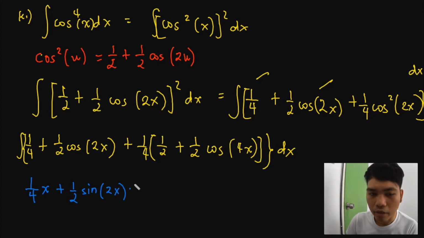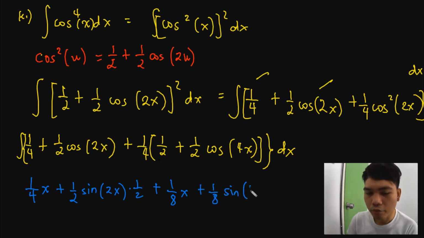And then, multiply natin ulit sa 1/2 kasi meron dito multiplier na 2. So, plus this one is 1 over 8, so that becomes 1 over 8x. And then, itong last term would be something like plus 1/8 sine of 4x, and then times 1/4. Okay, and I think we're done with the antiderivative.